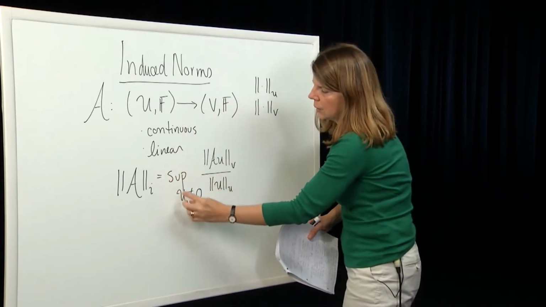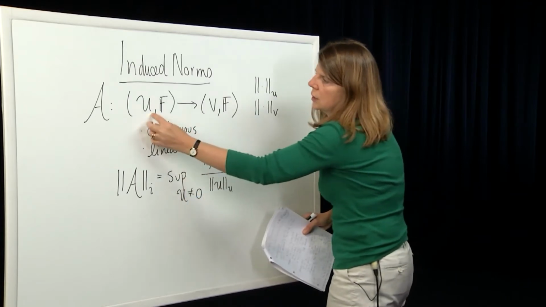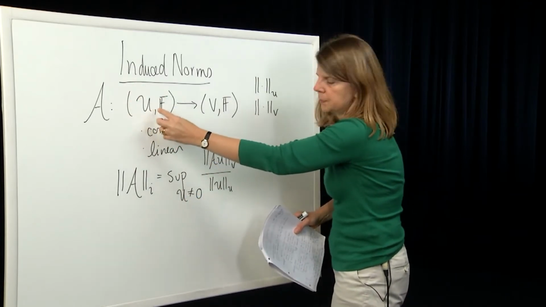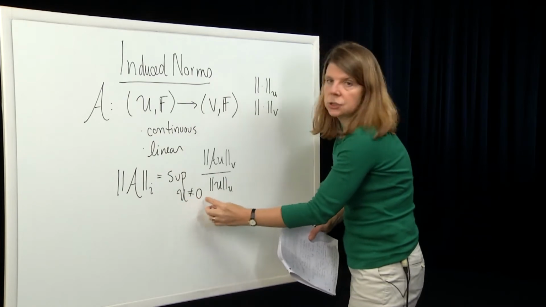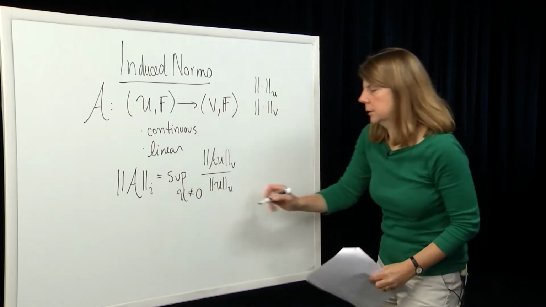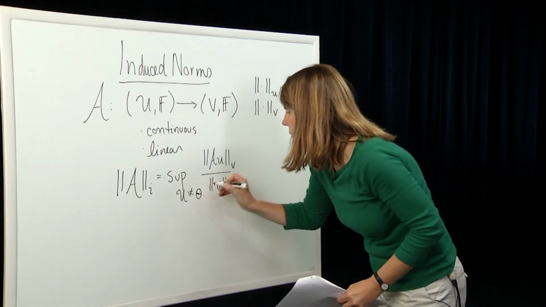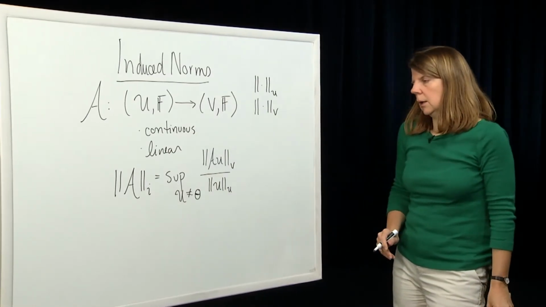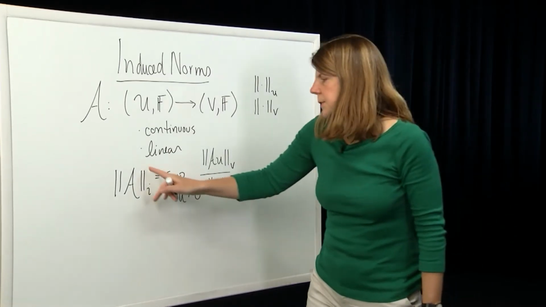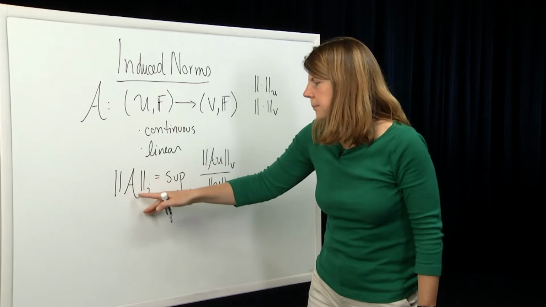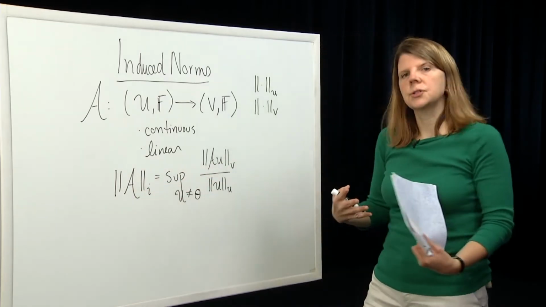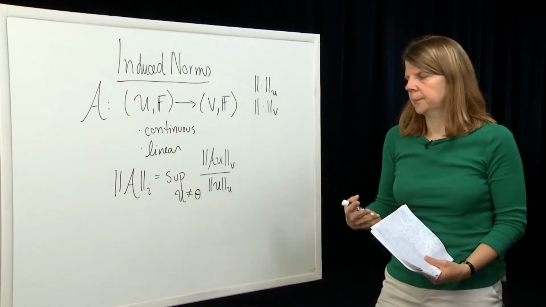So that means we're letting this vector U range all over the vector space U with the only stipulation that it not be the 0 vector. So this is meant to be the 0 vector in U. Okay, so it gives us, as I said, some measure on the action of a linear operator.